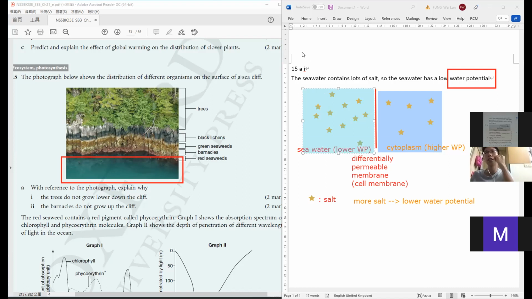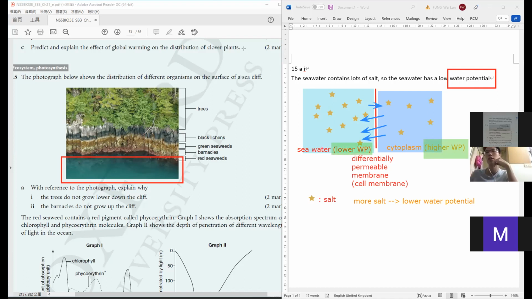So there is a net movement of water from high potential to low potential.